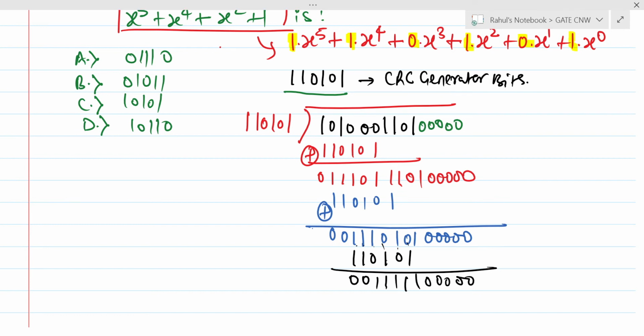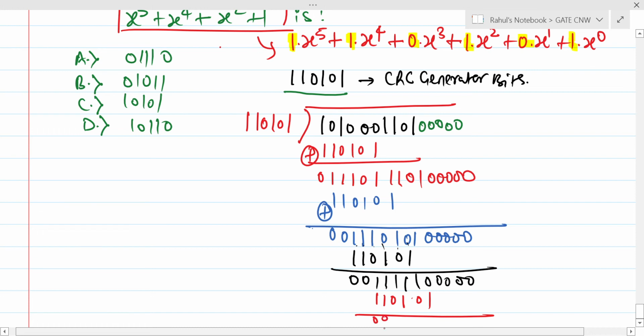Now again, 1 1 0 1 0 1, so you can see 0 0 1 0 1 0 1 1 1 2 3 4, right? So let me do it here, 1 0 1 1 1 2 3 4, and 1 1 0 1 0 1.